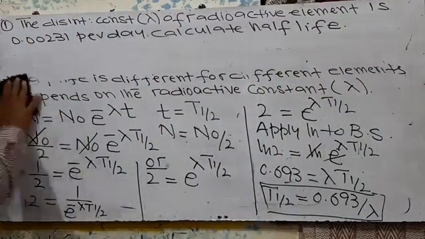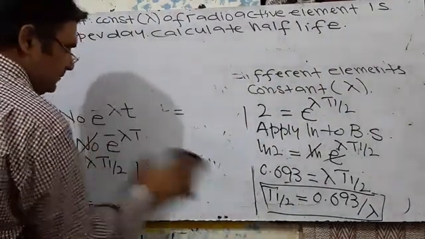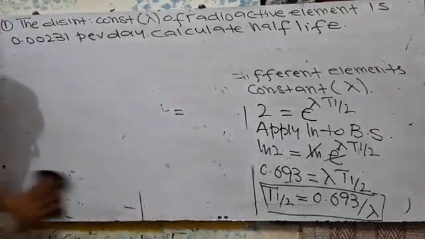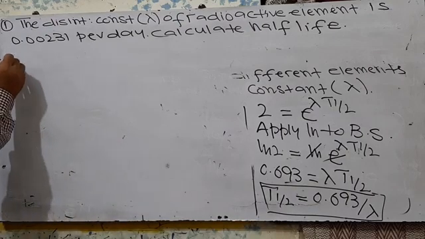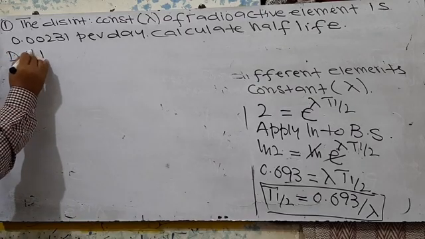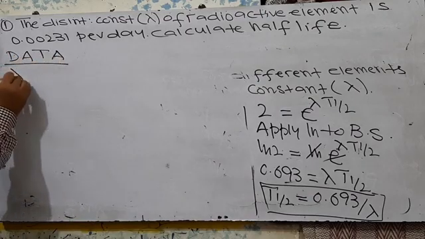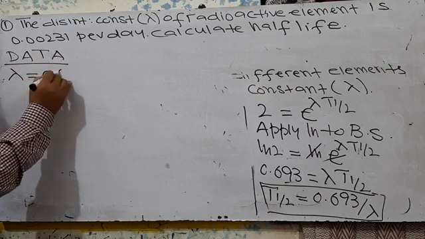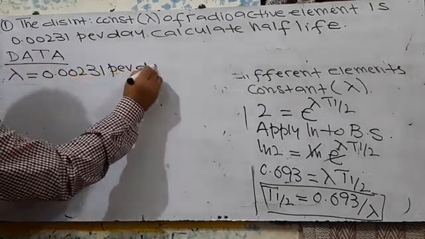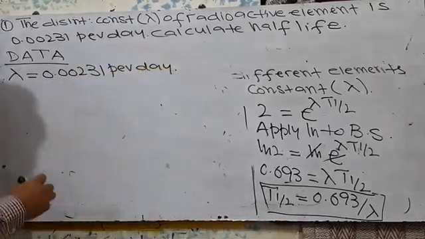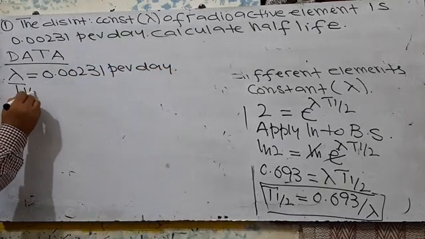So, very easy numerical. First of all, we make the data. Lambda is equal to 0.00231 per day, and we have to find T1/2.